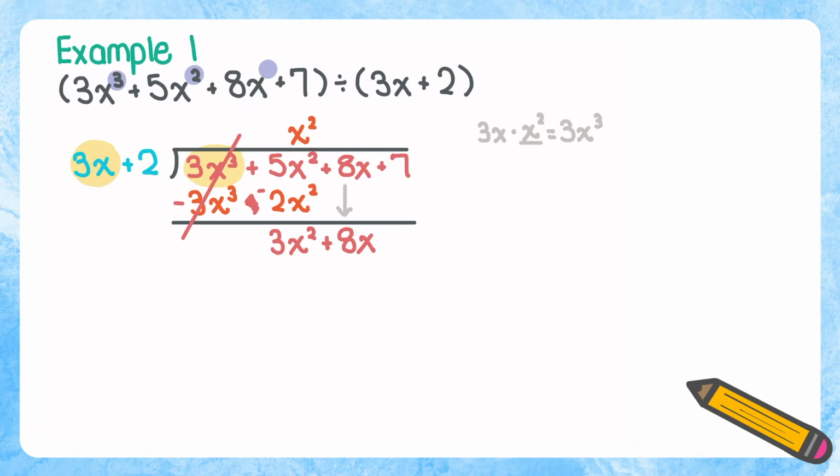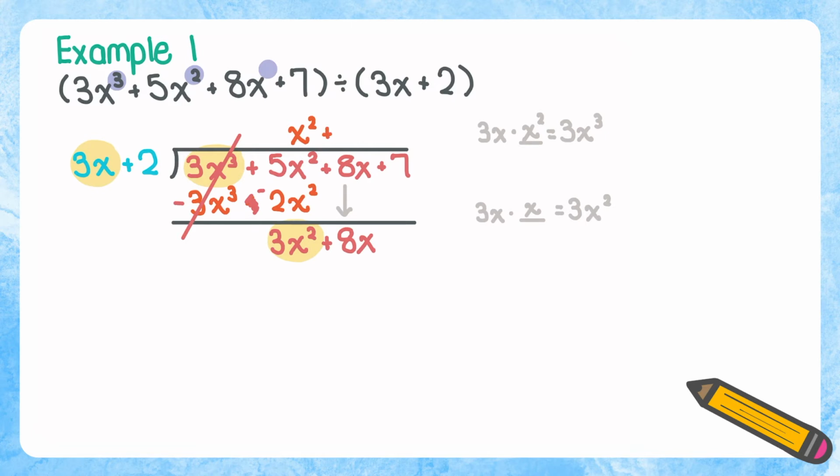Okay, next I focus again on the first terms. So still the 3x and also now the 3x squared. So 3x times what would equal 3x squared? Notice that if we fill in the blank with x, 3x times x equals 3x squared.